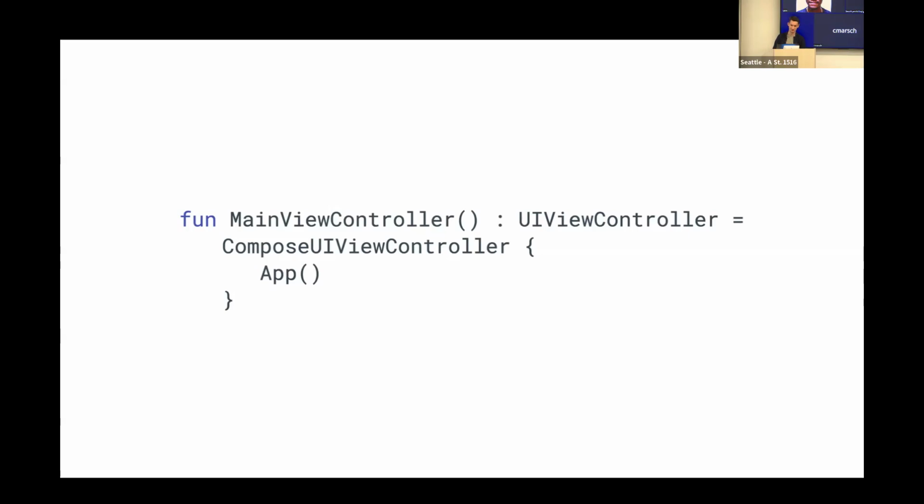So if we dig a few layers down into this Compose UI view controller, we get to a lot of usages of this Kotlin multi-platform library called Skiko. I've actually never heard this word said out loud, so I'm not sure if I pronounced that right. But Skiko is a Kotlin multi-platform library to be able to use the Skia rendering engine to draw directly to a canvas.